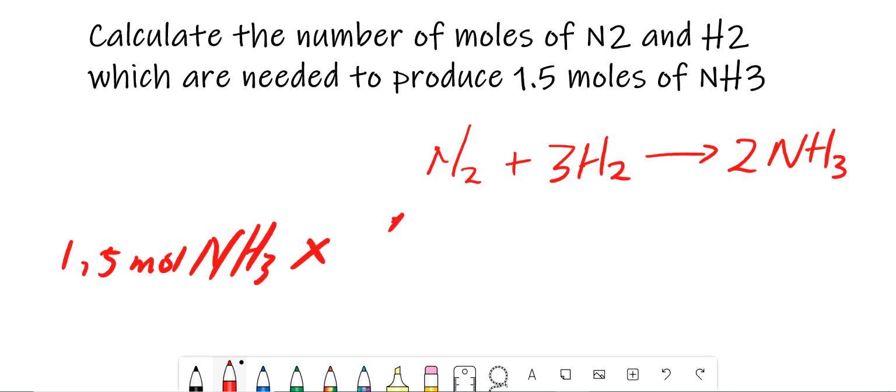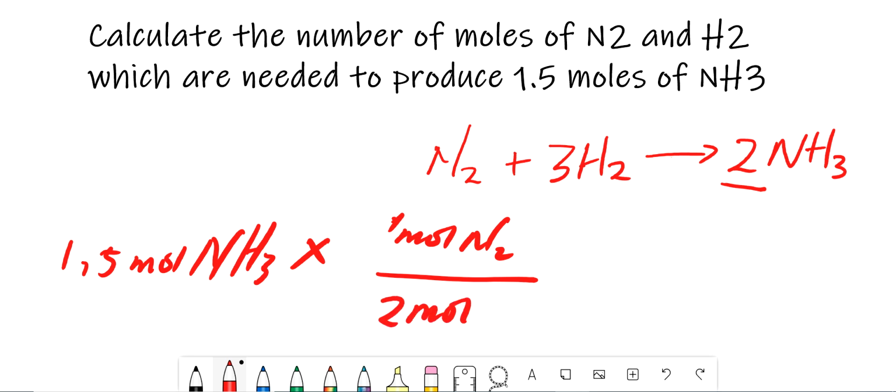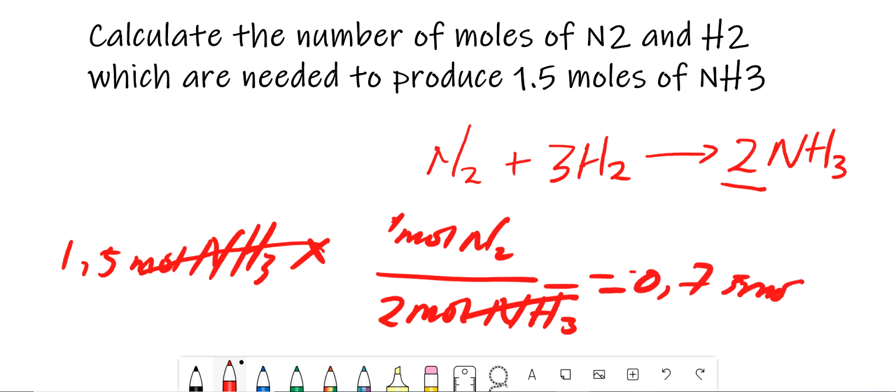That means you will have 1 mole of N2 divided by 2 moles of ammonia, that is the mole ratio, and the moles cancel out, and your answer will be 0.75 moles of nitrogen.